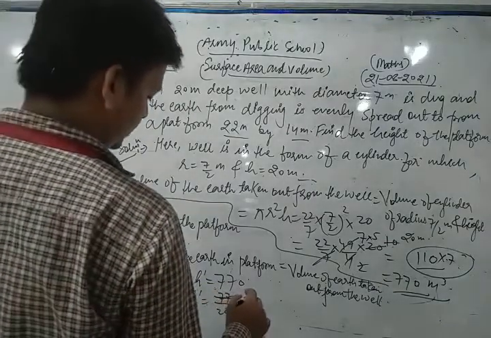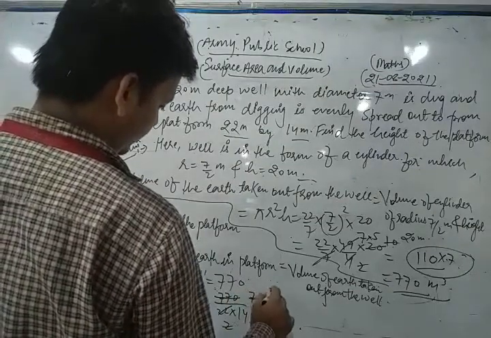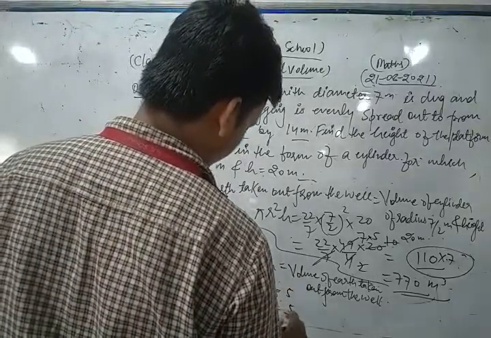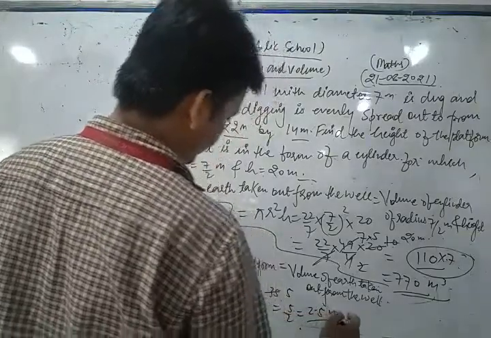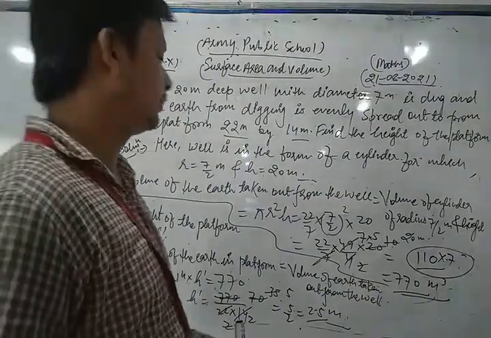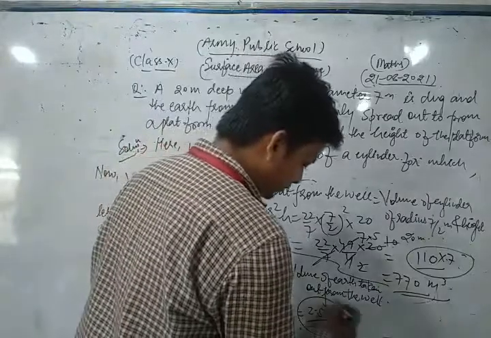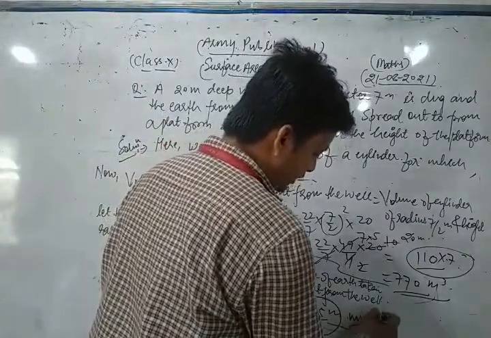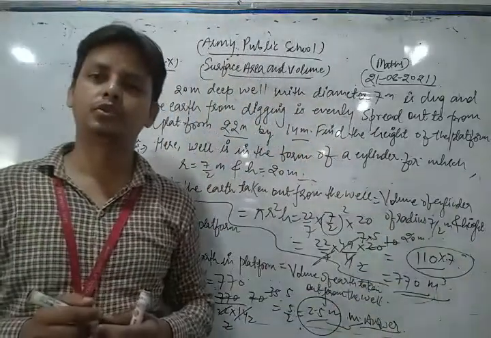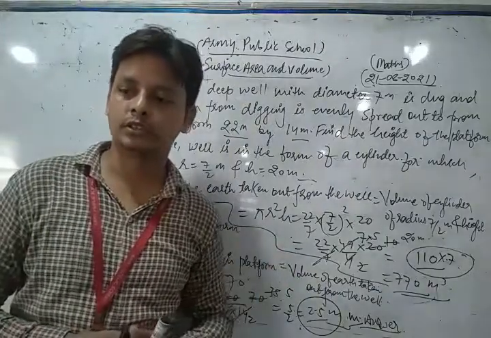Simplifying, we get 35 by 14, that is 5 by 2, which is 2.5 meter. Thus the height of the platform raised is 2.5 meter. This is the required solution of the given question.